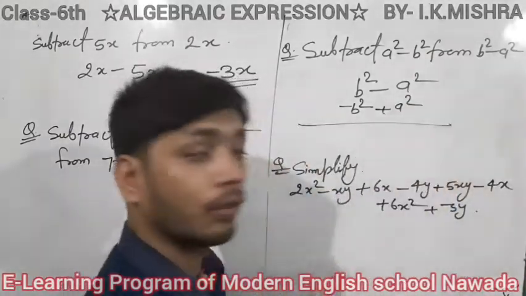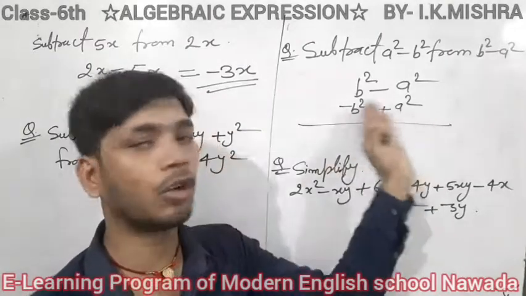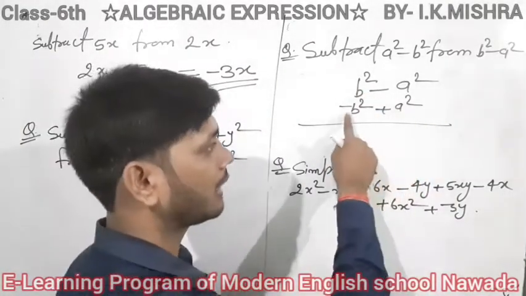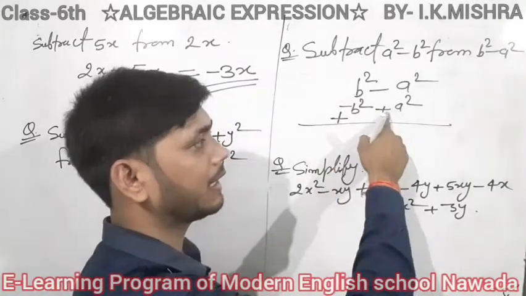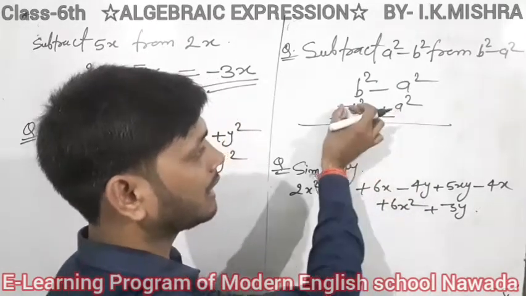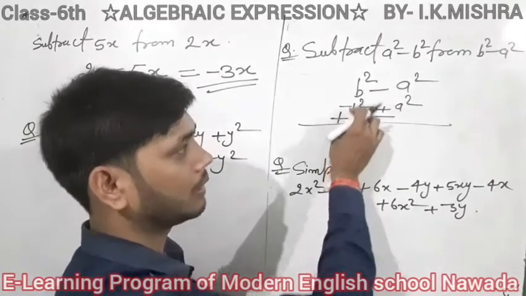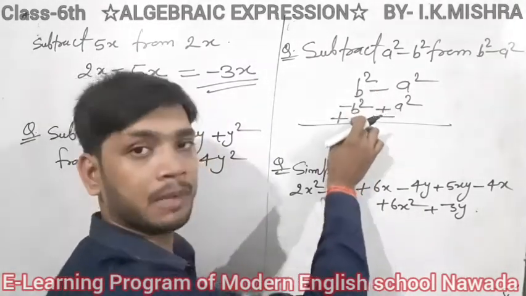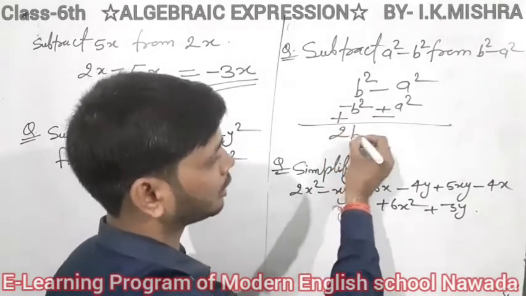And students, when you have to subtract, then change the sign of the below expression. That means here the minus sign will be changed into plus, and the plus sign will be minus. Observe this sign. That means here b square plus b square, so it will be 2b square.